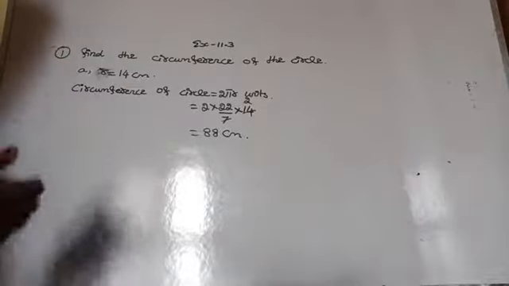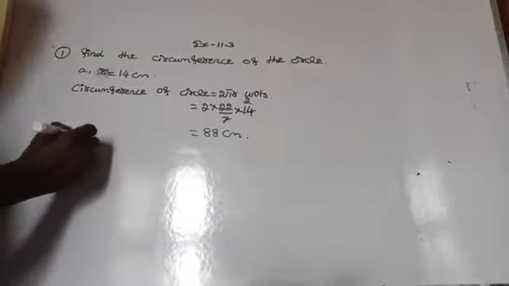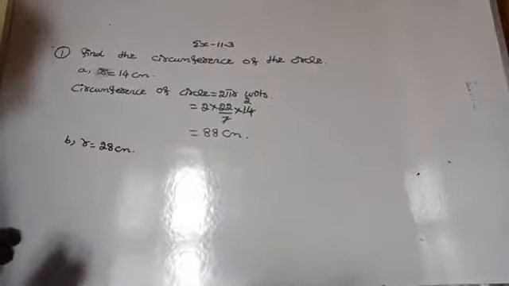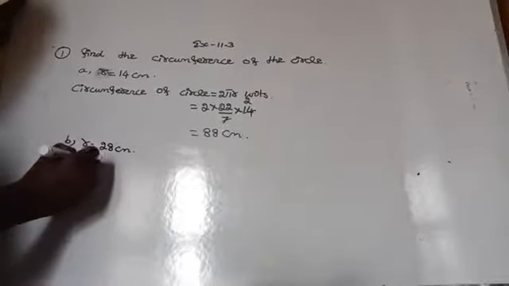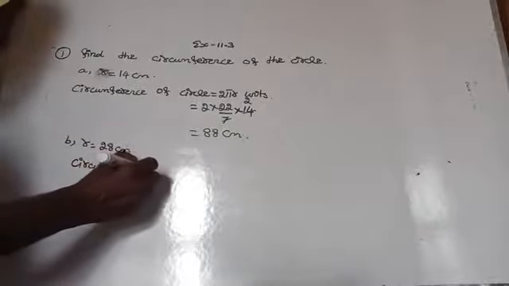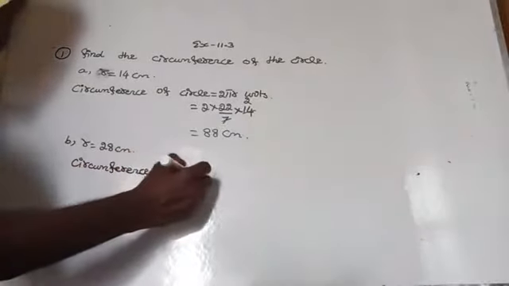And the second part, the radius given is 28 centimeter. You have to find the circumference of circle only. So circumference of circle is 2 pi r units.